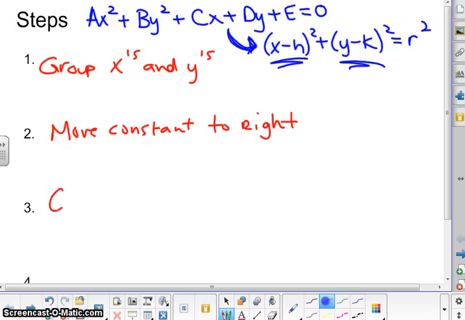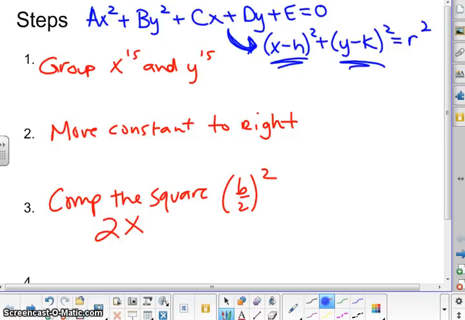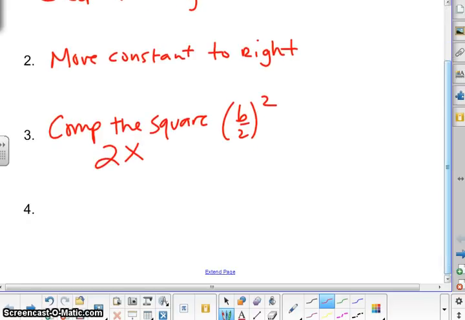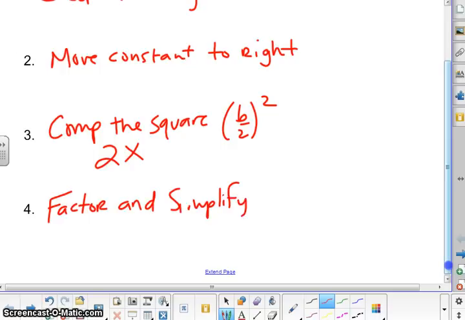The third step is the complete the square step. Don't forget the formula for that is (b over 2) squared, and you're going to have to do that 2 times, complete the square twice here. And then the last step is we're going to factor and simplify. So this brings back a few memories of complete the square, and I think you're going to like it.